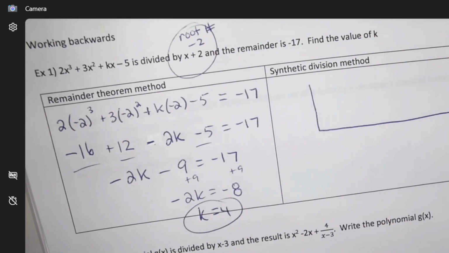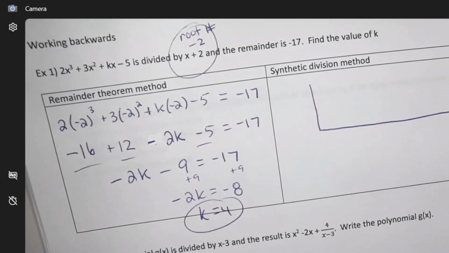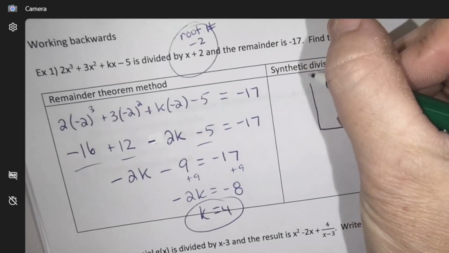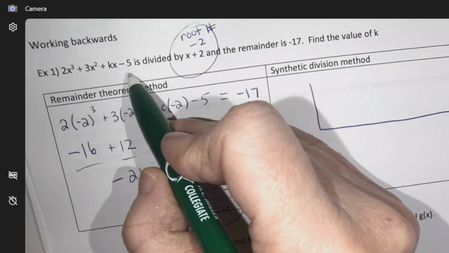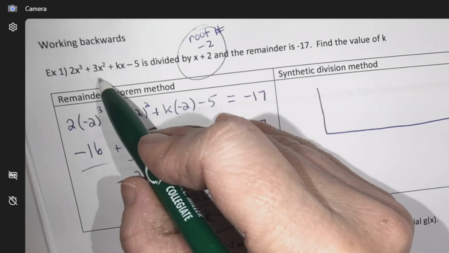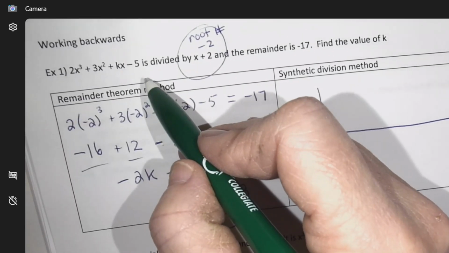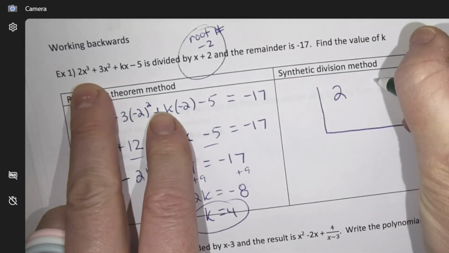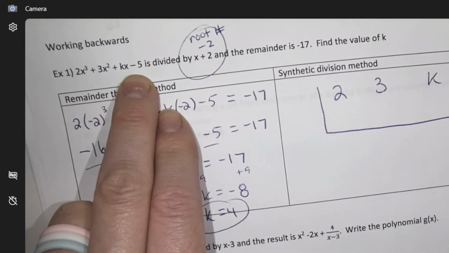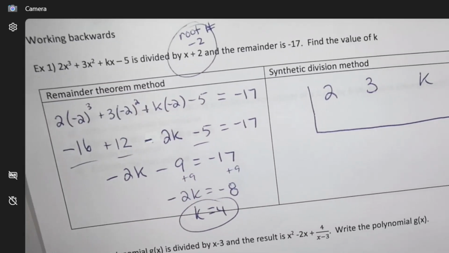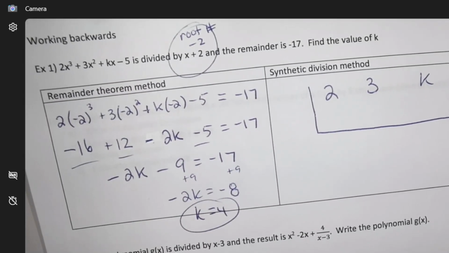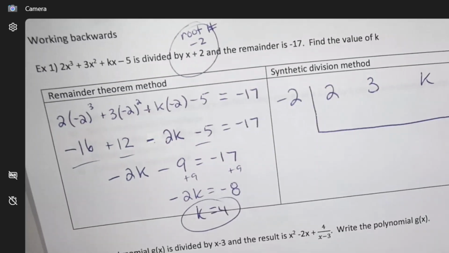Okay. I find most people pick synthetic division just because it's maybe a little bit more fun. Okay, I'm going to go down the order. Am I good? Cube, squared, x, number. That's good, right? So 2, 3, k, -5. And I'm going to put the root number on the outside.